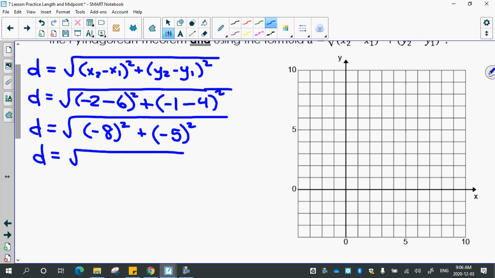And we know when we square a negative number, we get a positive. Okay? So make sure you don't put -64 by accident. You can go to 89 in one step if you want to, but I'm just showing, really emphasizing here that when you square a negative number, you get a positive.